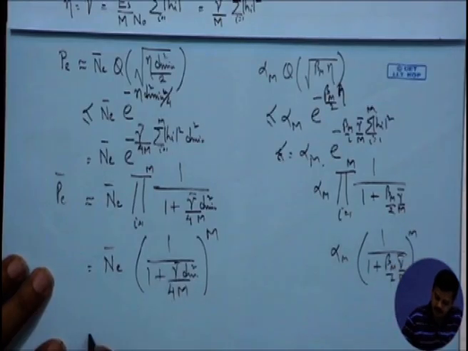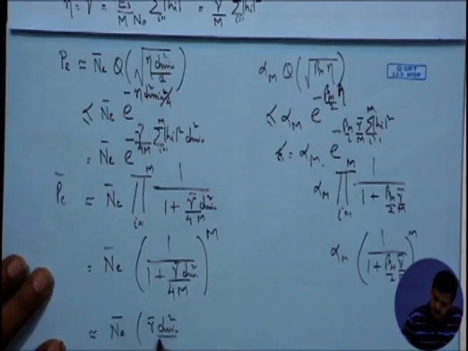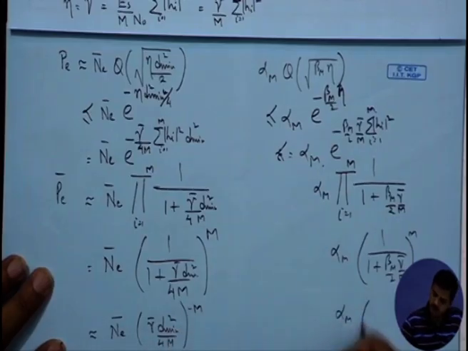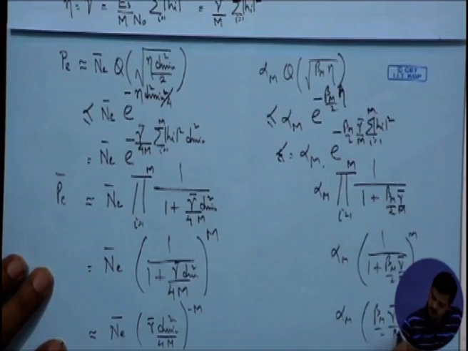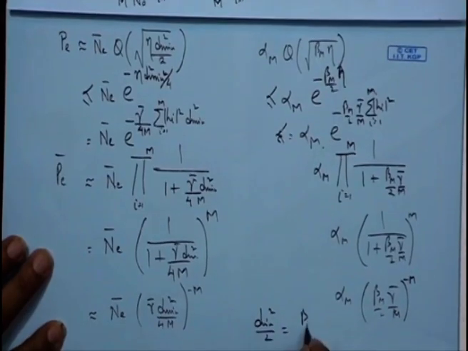For gamma bar much greater than 1, we have N_e bar times gamma bar d min squared by 4m raised to the power of minus m, and here also alpha m times beta m by 2 gamma bar by m to the power of minus m. So again everything is the same, so the equivalence here also is d min squared by 2 equal to beta m.